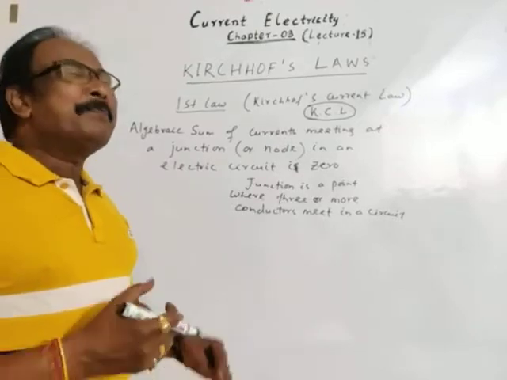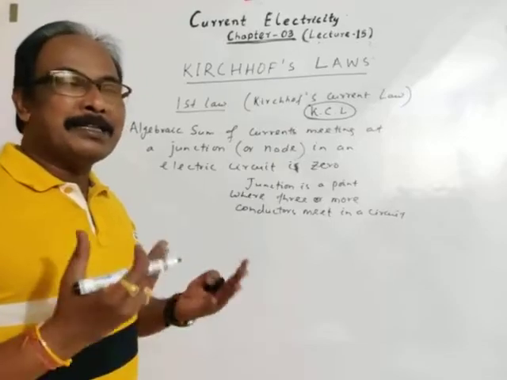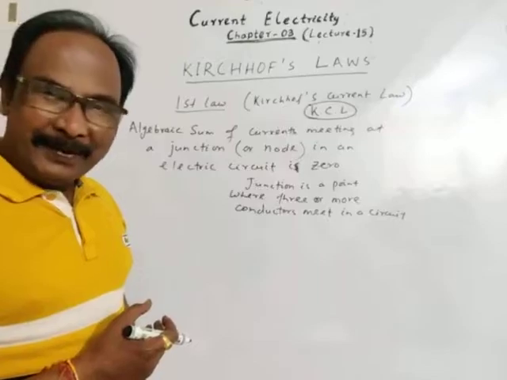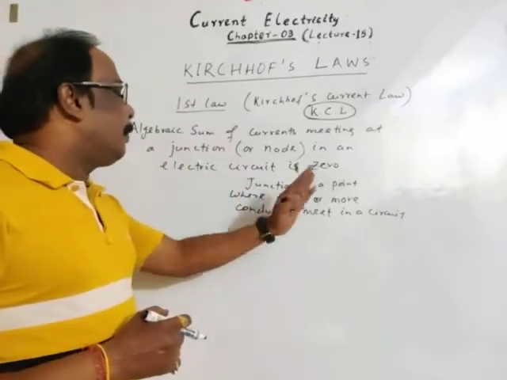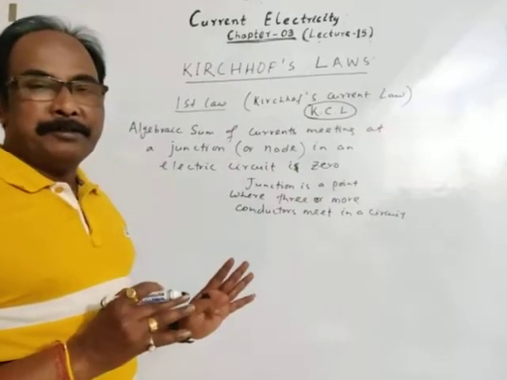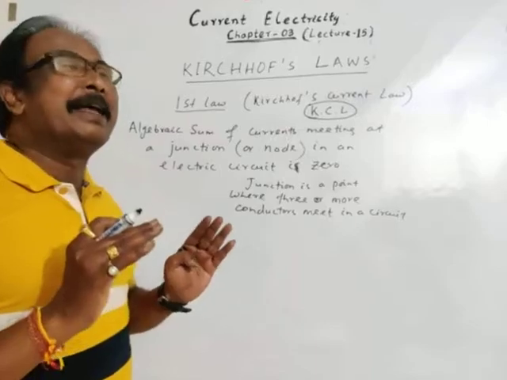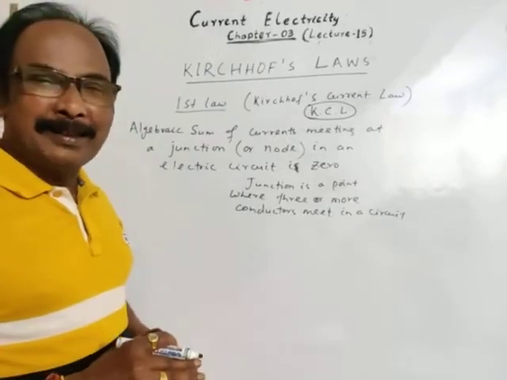If there is an electric circuit containing resistance, we may assume current is flowing from high potential to low potential. Junction is a point where three or more conductors meet. Less than 3 is not possible; if fewer conductors meet, it is not called a junction.